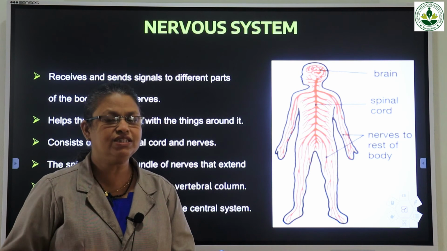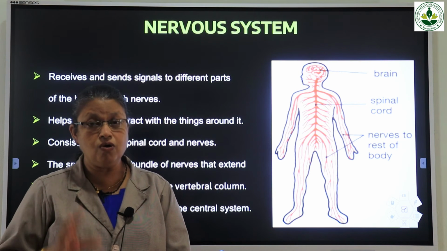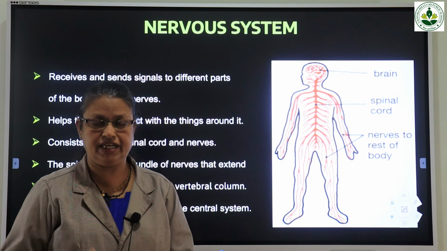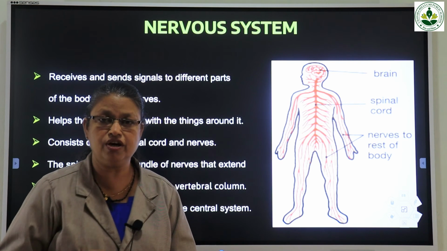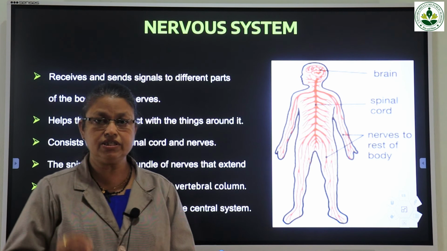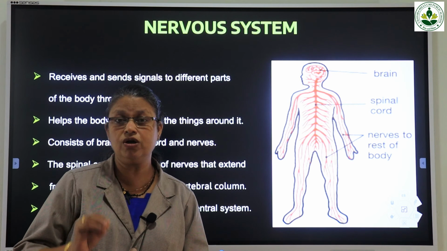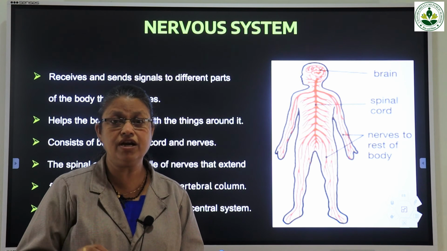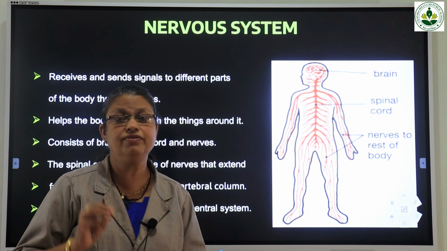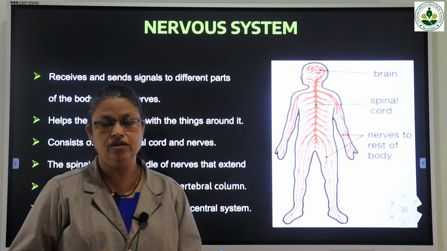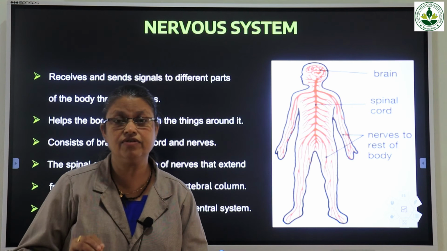Okay. So what is the function of the brain? All our life activities are controlled by the brain. So what is the function of the nervous system? The nervous system controls all the activities of our body because the brain is controlling our life activities. Okay. So that is the function of the nervous system.